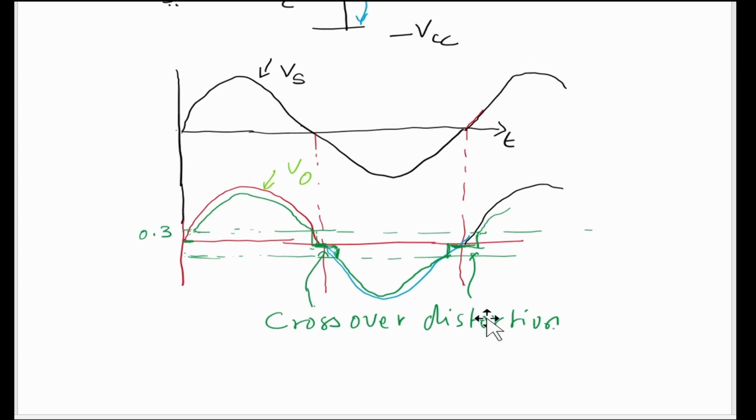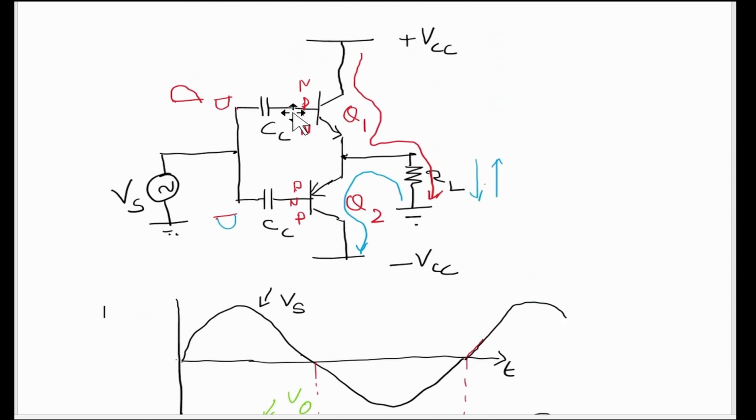This is happening because of the forward biased junction here and here. To avoid this, you can bias these two transistors using a resistor like this. Similarly, this transistor can be biased using a resistor like this. And here you have VBE, here also you have VBE.